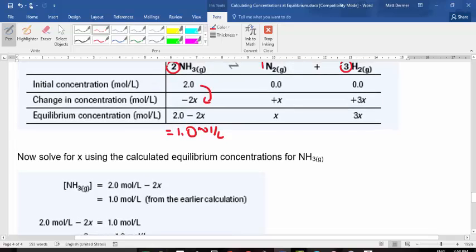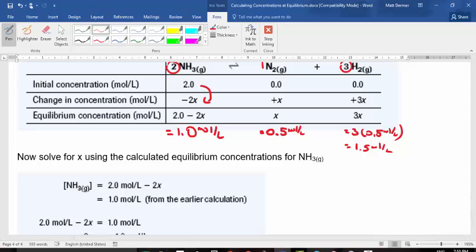So that means that nitrogen, because nitrogen is equal to x, its concentration will be 0.5 moles per liter. Hydrogen will be 3 times 0.5 moles per liter, which works out to be 1.5 moles per liter. And that's the equilibrium concentrations of my two products, which is what the question was asking for.